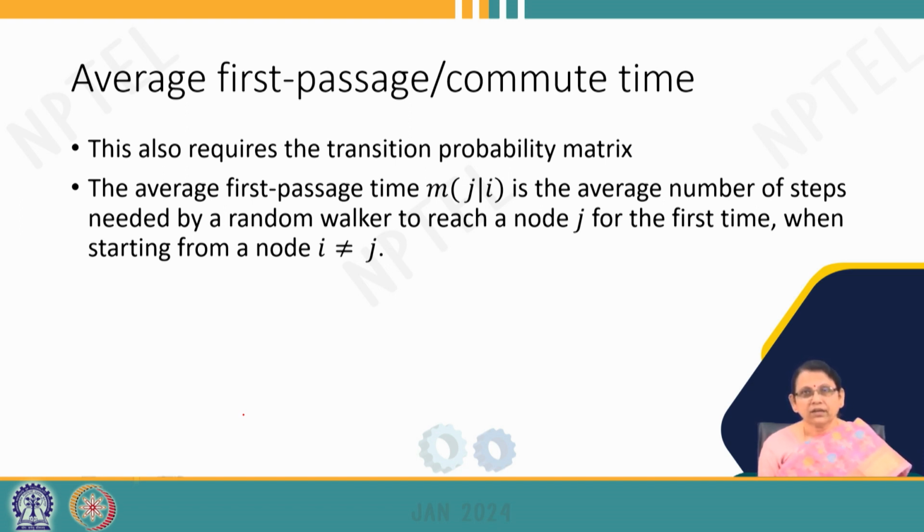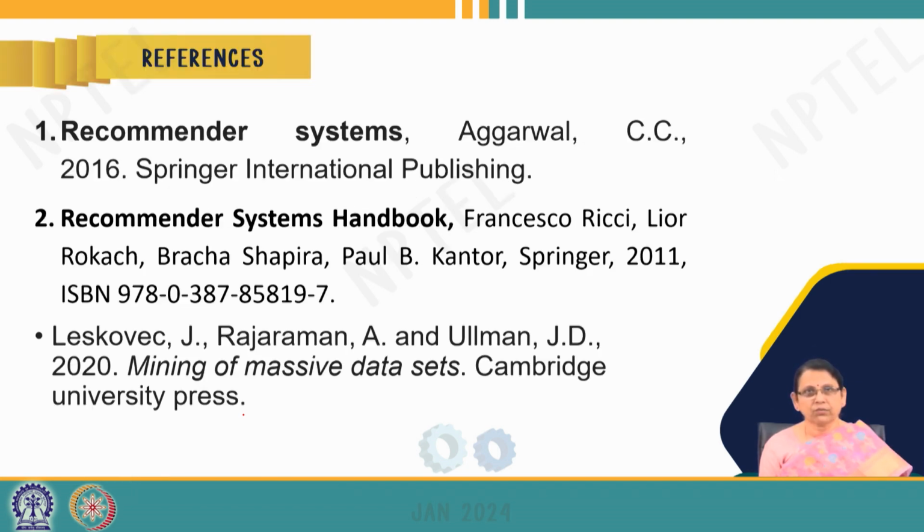Here, from the transition probability matrix, you can find the first passage time. What is this? It is the average number of steps needed by a random walker to reach node j for the first time when it starts from any other node i, which is not j. Considering this first passage time, we can also compute the similarity value.